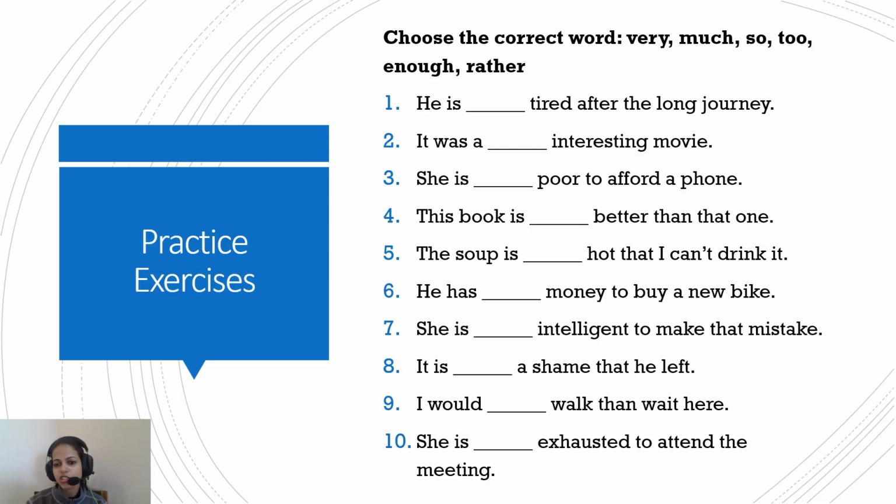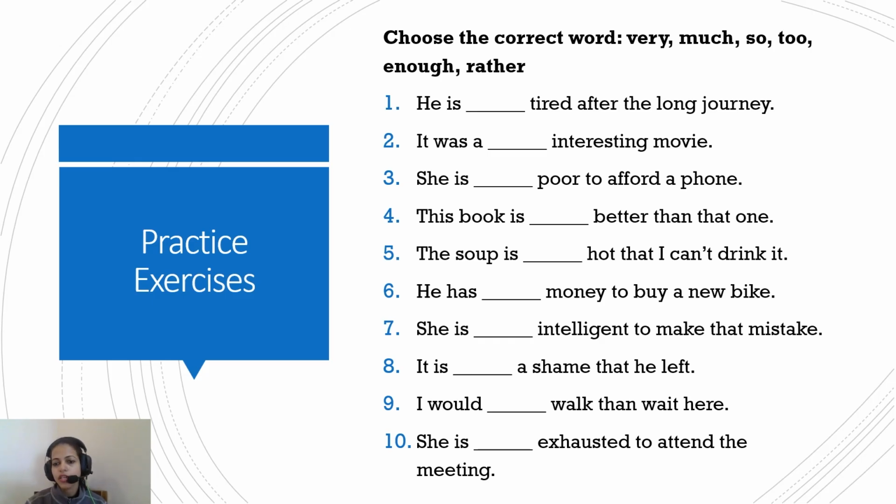It was a dash interesting movie. It was a very interesting movie, because again, interesting is a present participle. She is dash poor to afford a phone. She's too poor to afford a phone, because again, too and to. Here there's a negative implication. Her poverty is not allowing her to get a phone. So too. She's too poor to afford a phone.